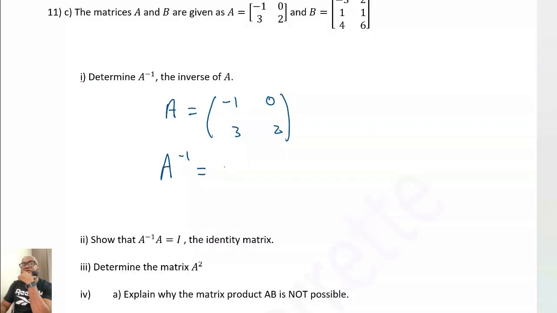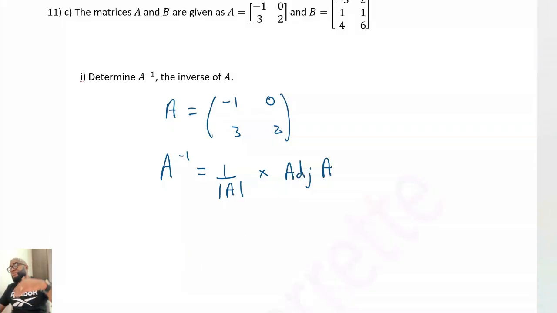A^-1 is 1 over what? The formula, you have to check in your book. It's 1 over the determinant of A multiplied by the adjoint of A. Everybody should be able to handle this once you look at the question that we just did.